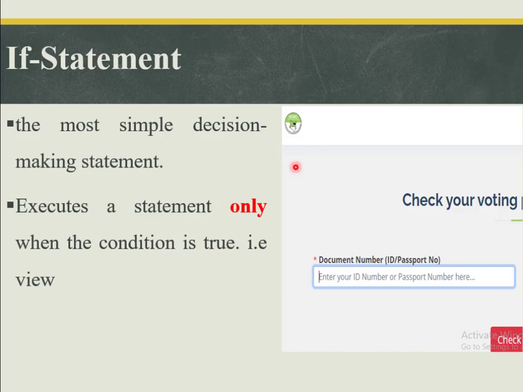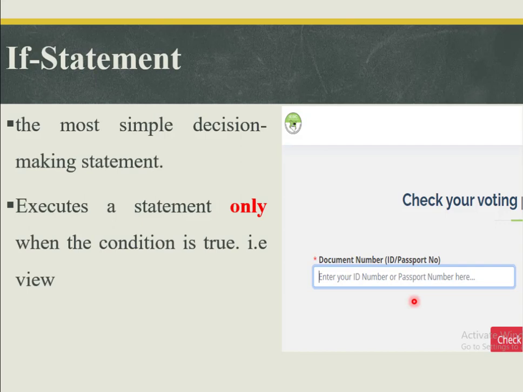When you look at this particular screenshot, which is being used by IEBC to confirm voter details, all we are expected to do is enter our ID number. Then we click a button called check verification, and we're able to get our voter details.